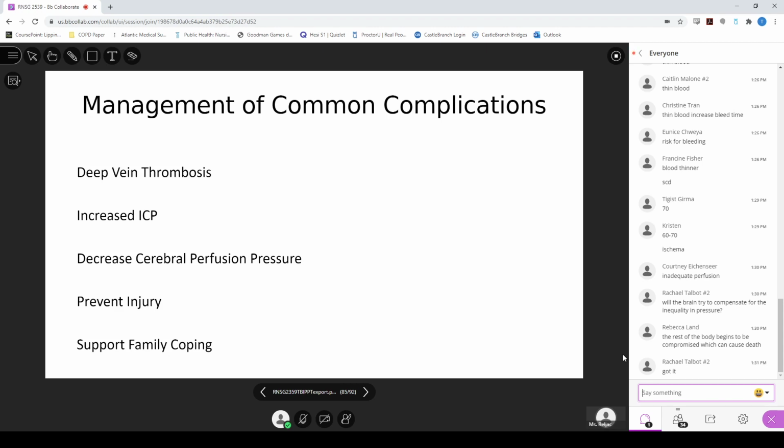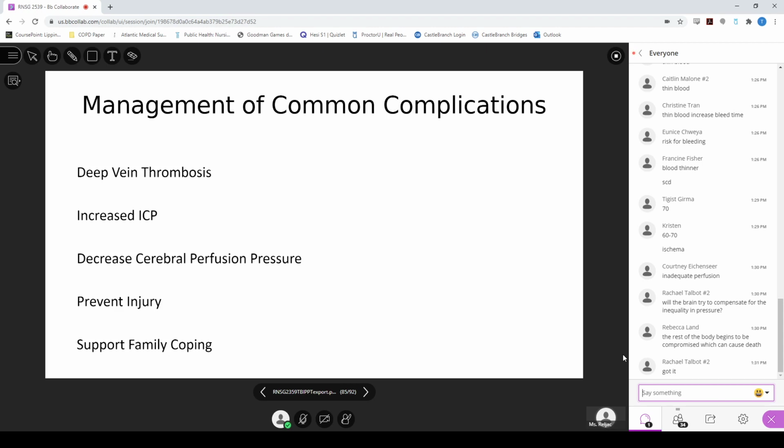If the CPP is too high, you may need to have some CSF drainage. So elevating the bed, increasing the IV fluids, and draining the CSF, these all are going to decrease cerebral edema because they increase the venous outflow of blood from the brain.